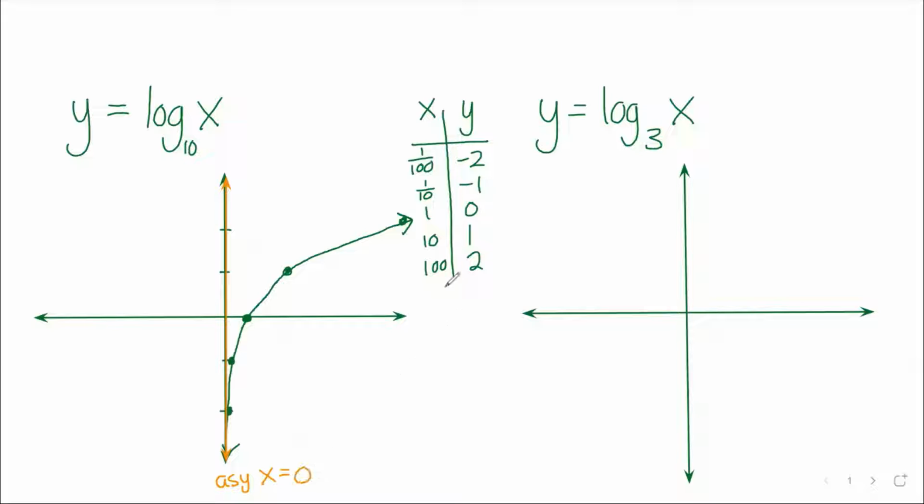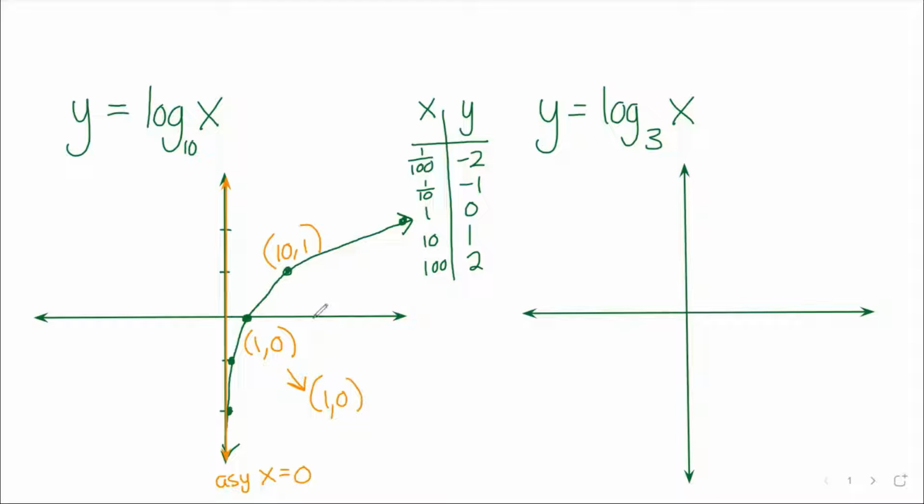Okay. And I think what's important to note here is that really the two main points, if we wanted to graph this without making a whole table, points we would look at are (1, 0) and (10, 1). And if we want to make these more general, this would actually always be (1, 0), even if we had a different base.